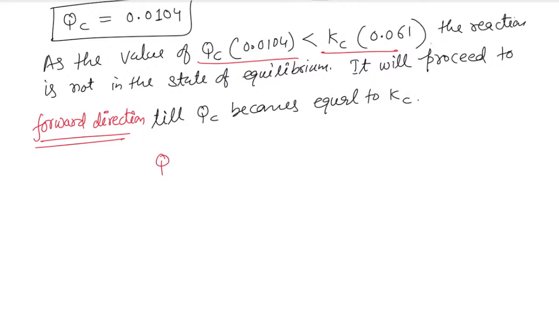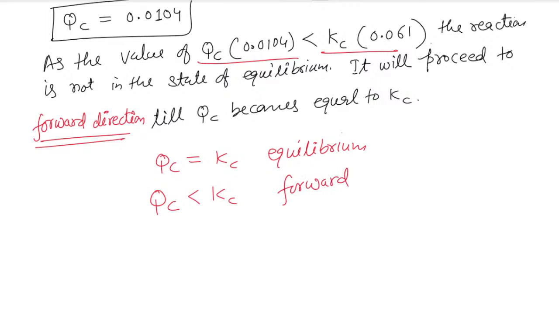If Qc is equal to Kc, then the reaction is at equilibrium. If Qc is less than Kc, it will proceed in the forward direction, and if Qc is greater than Kc, then it will proceed in the backward direction till Qc becomes equal to Kc. Right?